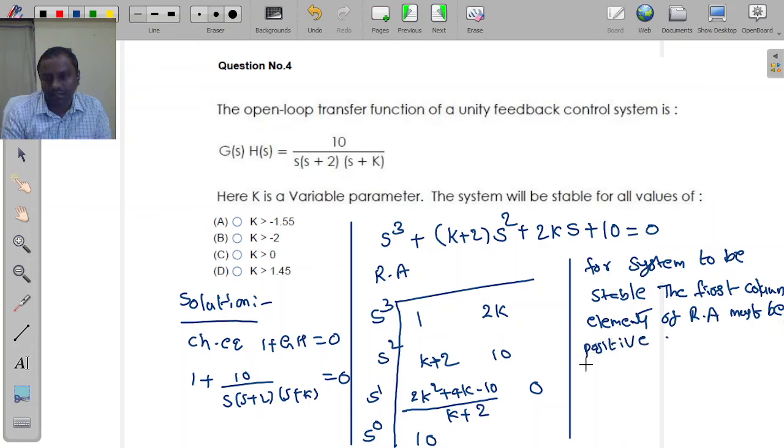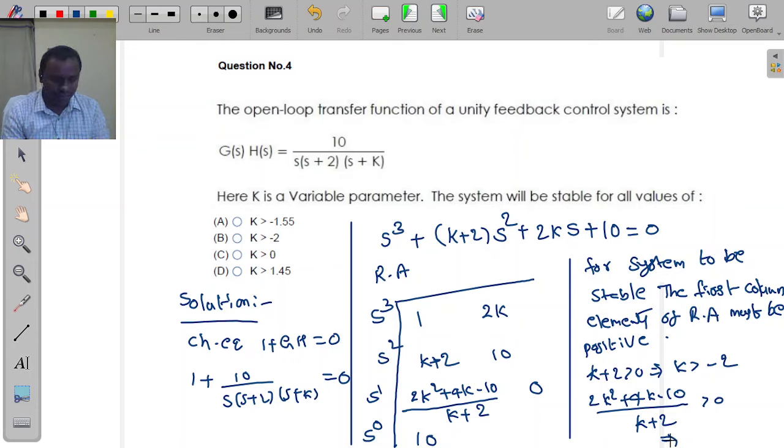It implies k plus 2 must be greater than 0, so k should be greater than minus 2. And 2k square plus 4k minus 10 divided by k plus 2 should be greater than 0. In the sense, 2k square plus 4k minus 10 should be greater than 0.